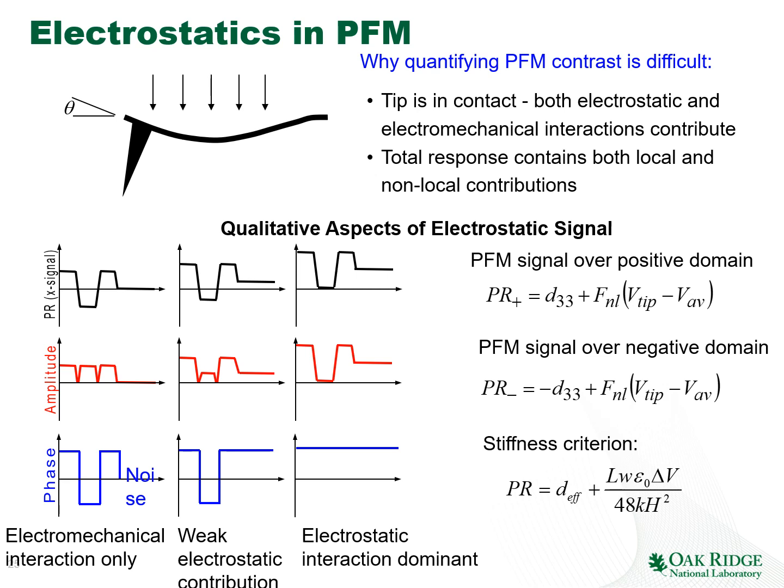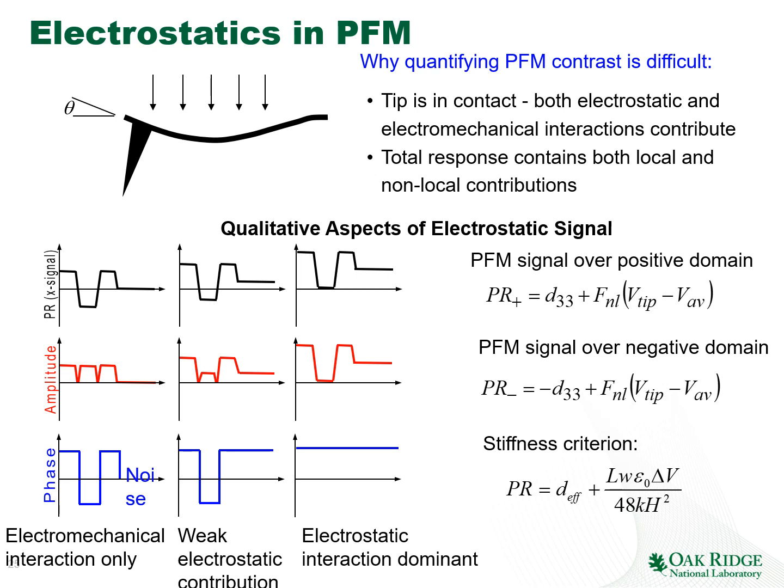In comparison, the phase will still be positive for the positive domain and negative for the negative domain, but now the phase would be positive for the non-ferroelectric region as well. So there is a non-zero signal here. Now, if the electrostatic signal is very strong, for example if the surface is charged or the cantilever is strongly biased, in this case our PFM signal can look like this.